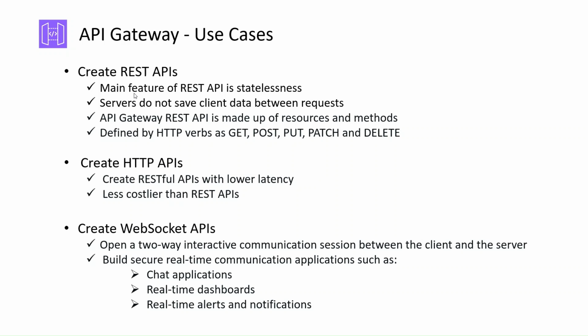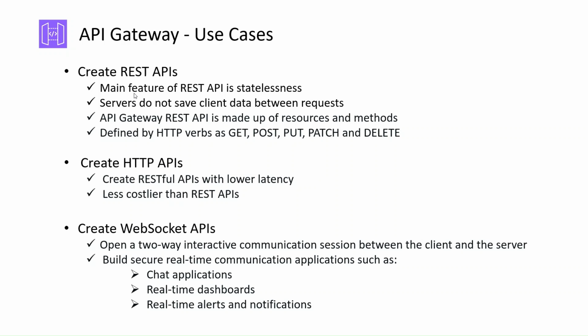Next, we can create WebSocket APIs. What's a WebSocket API? A WebSocket API makes it possible to open a two-way interactive communication session between the user's browser and a server. In a WebSocket API, the client and the server can both send messages to each other at any time.